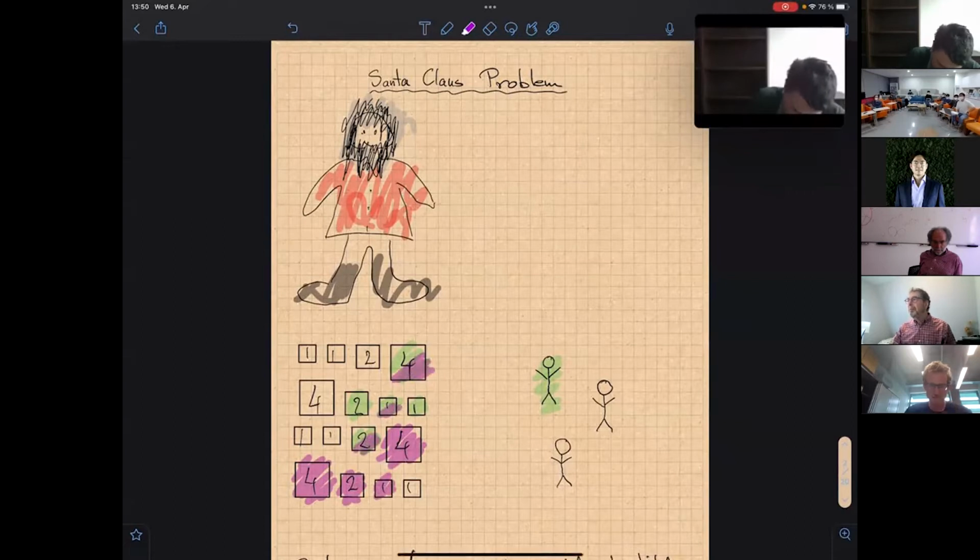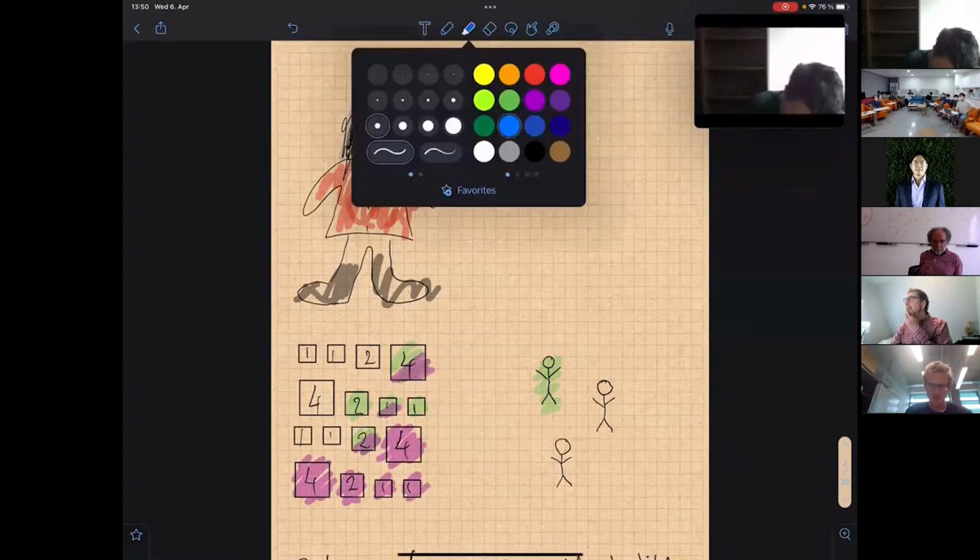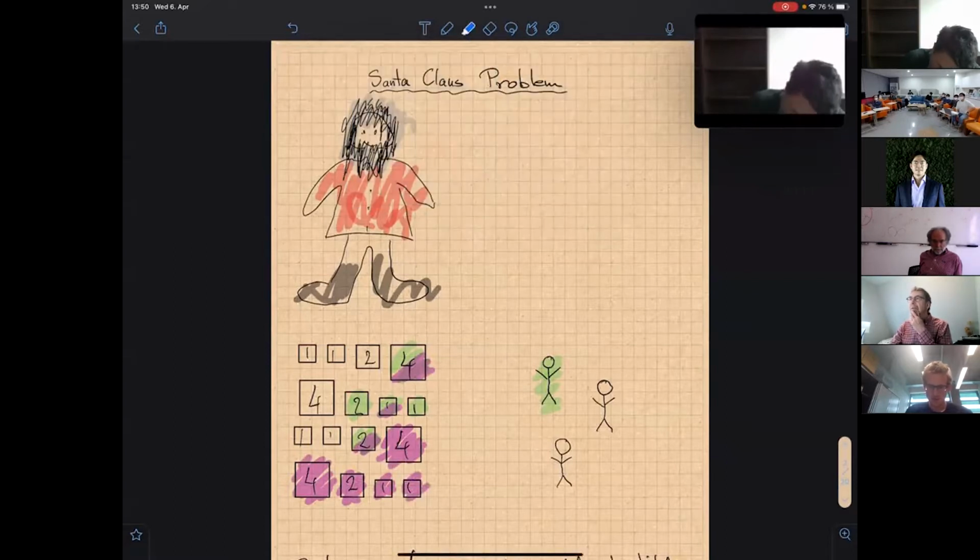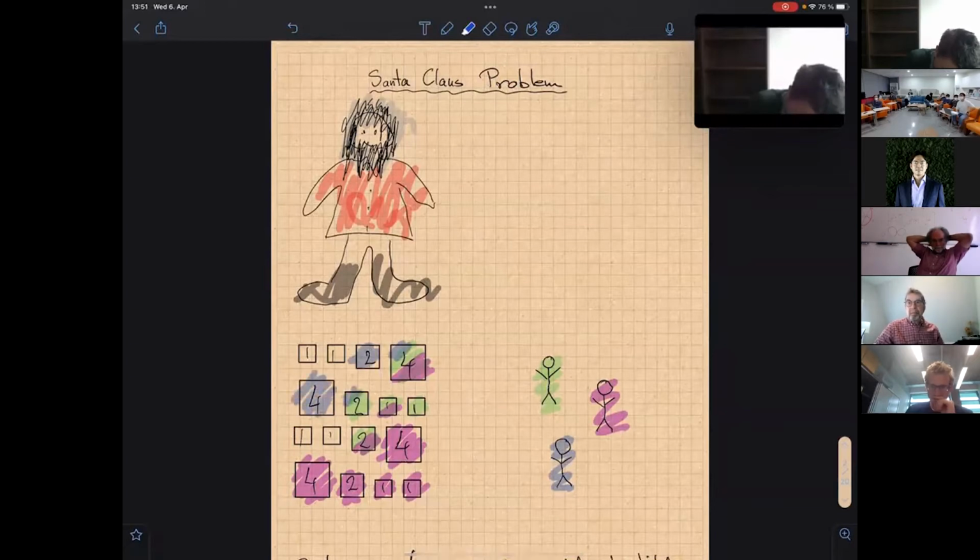Okay, so this is done for each child. And yeah, some items are liked by several of them.